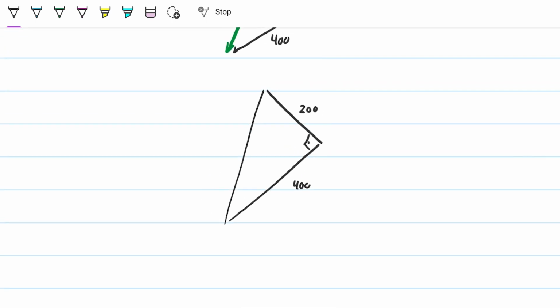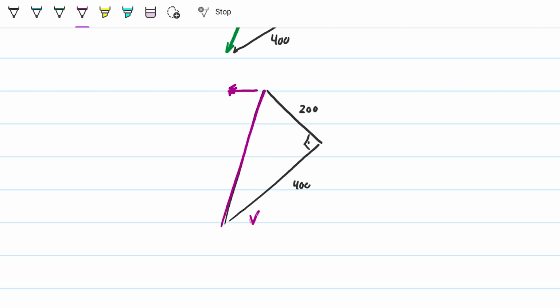Okay, so what do we have now? We have a right triangle, so that means that we can use Pythagoras to find out the resultant here. And if you recall, what we're trying to find is really two things. If this is the resultant force here, what we're looking for is the y component of this force and the x component of this force, both of which I can find as soon as I get that resultant, right?